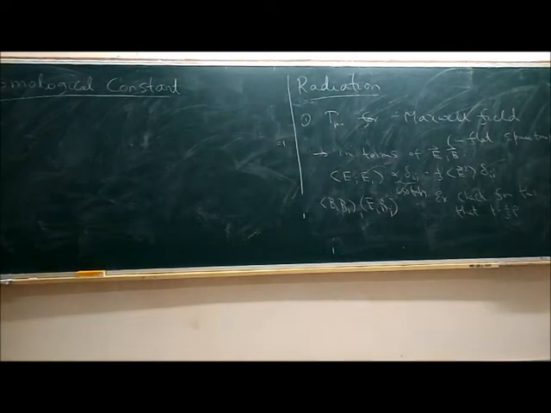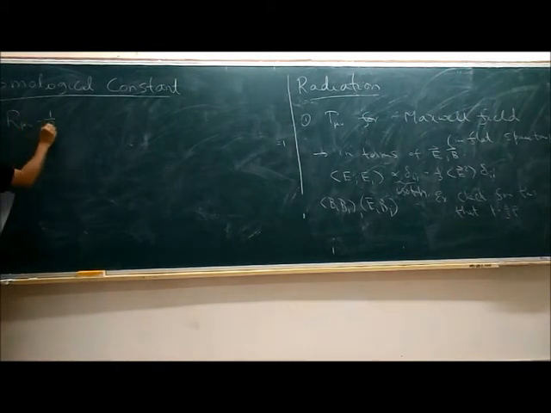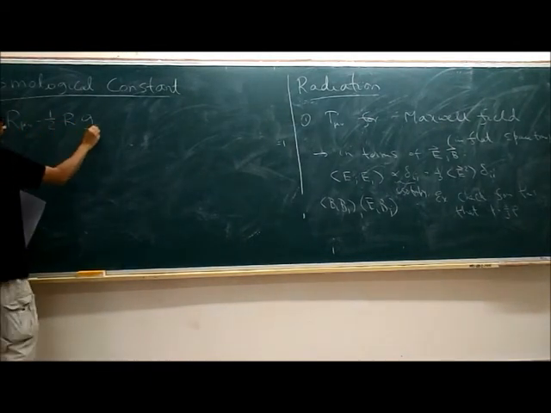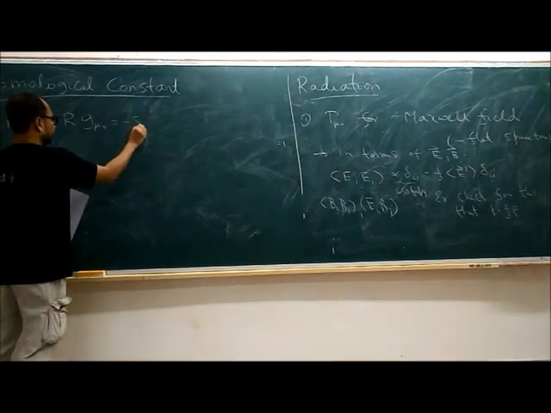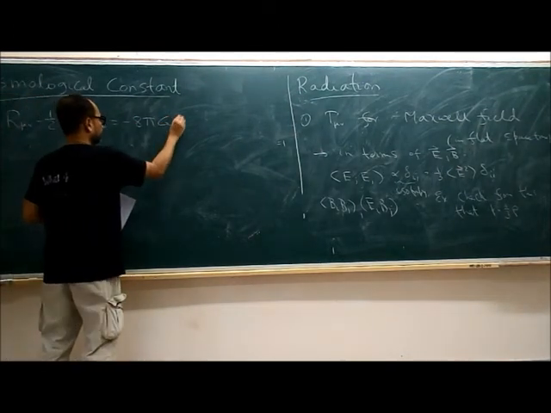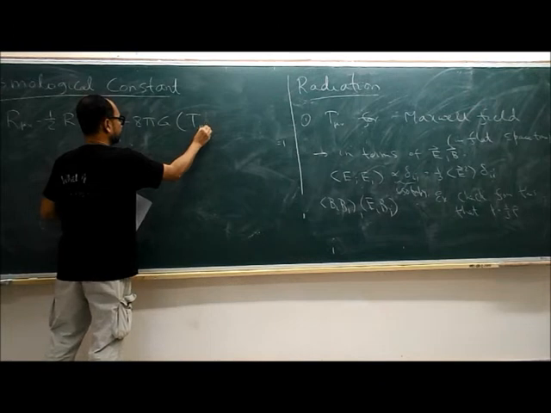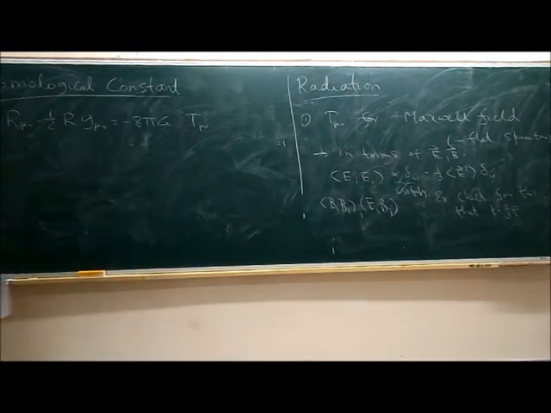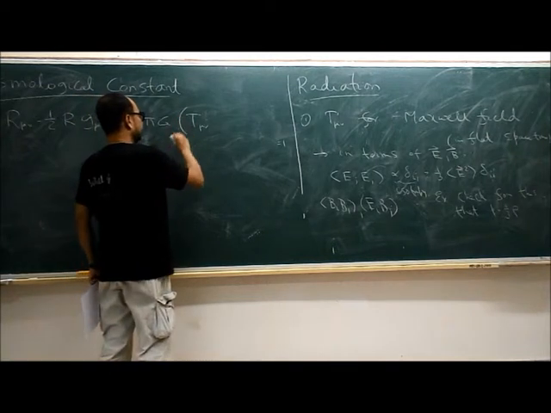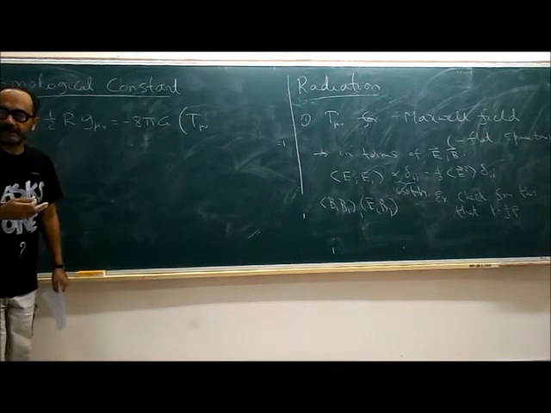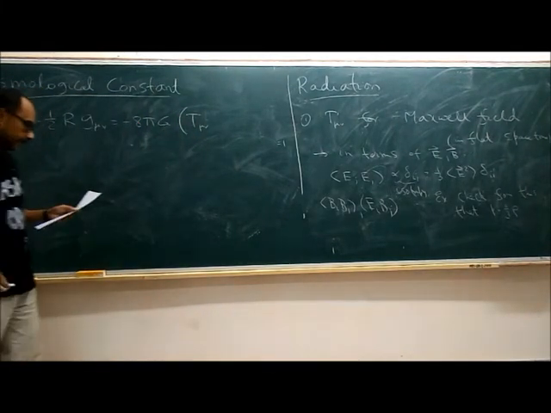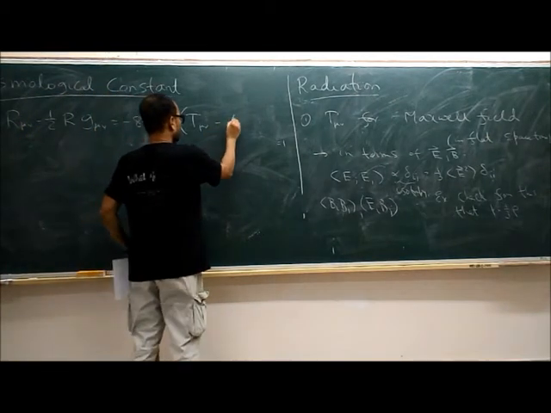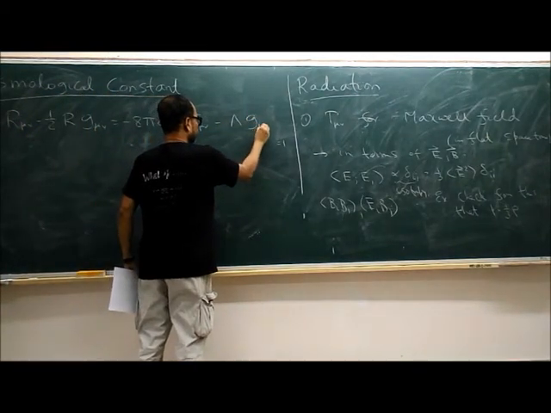So Einstein's equation you write as R mu nu minus half R g mu nu equals minus 8 pi T mu nu. This is the usual Einstein's equation. Now the cosmological constant is a modification of Einstein's gravity, at least that's the way it was introduced first, where you also have a term like this.